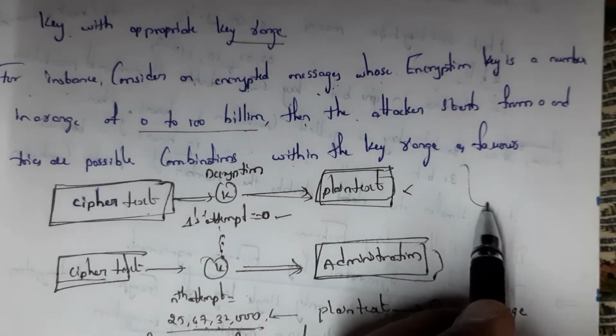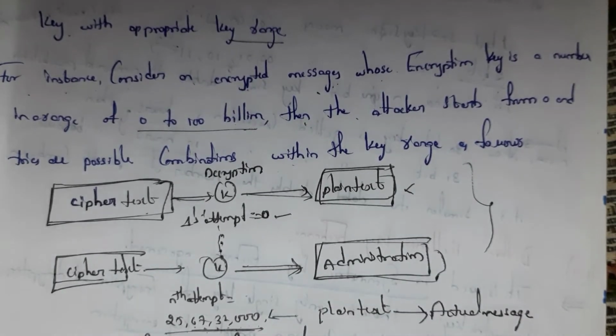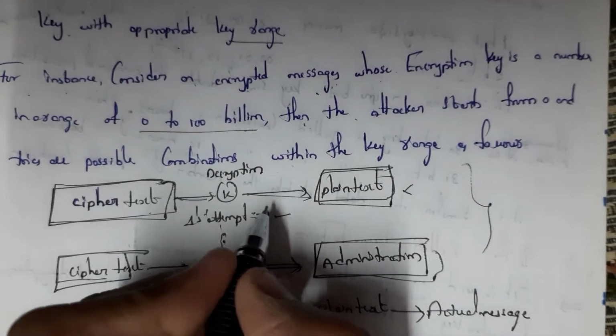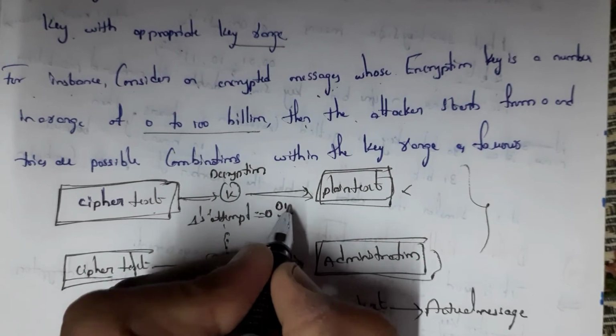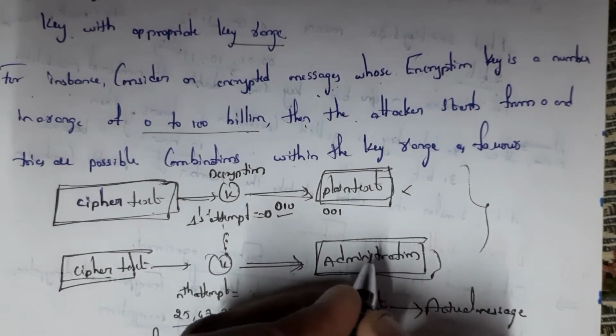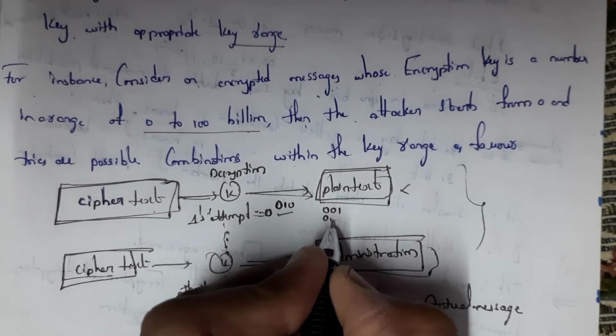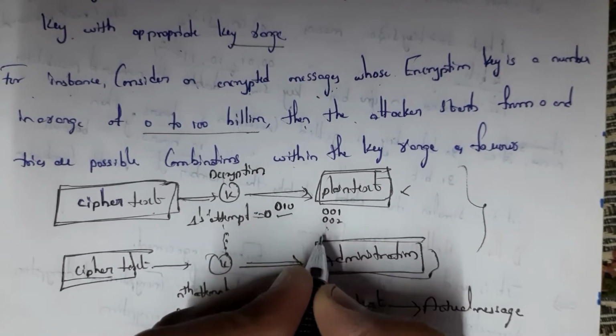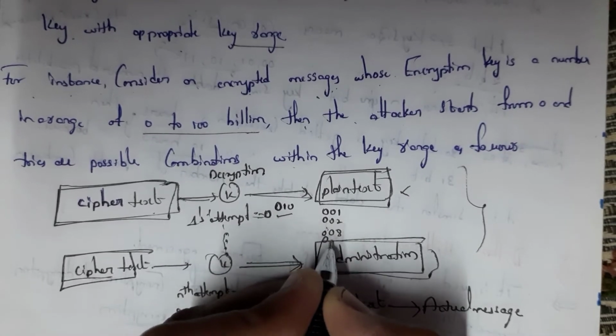So this is a way how an attacker performs. See, for example, if the password is 010, so in the first attempt the attacker enters 001, in the next attempt the attacker enters 002, and so on, 008, and at last the attacker enters 010.